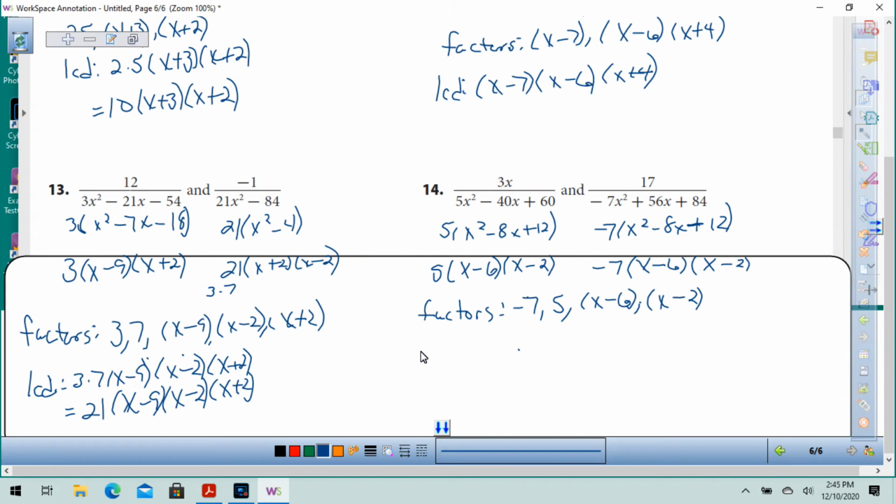All right, so my least common denominator is going to be negative 7 times 5 times x minus 6 times x minus 2. And that is going to equal negative 35 times x minus 6 times x minus 2.